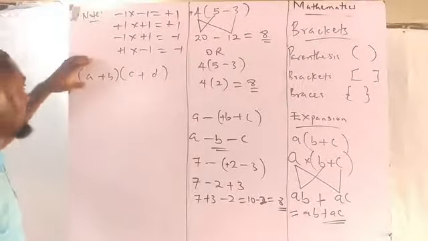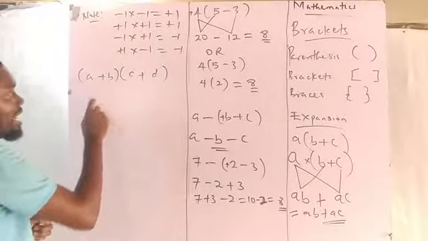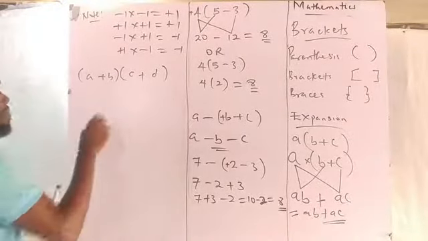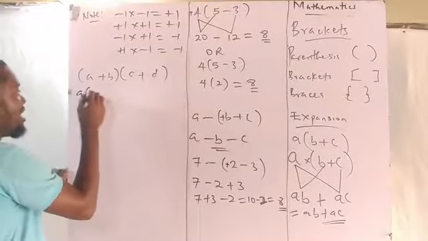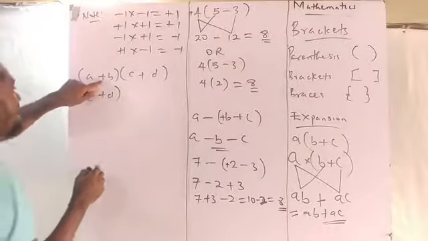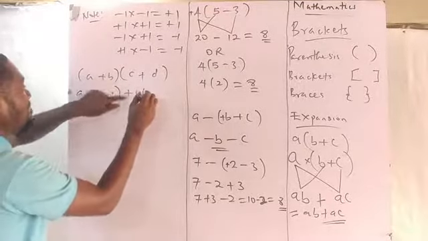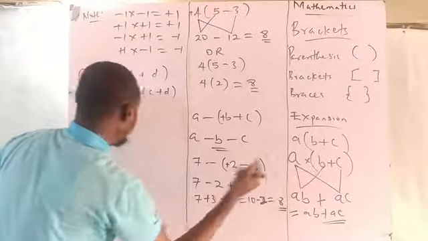So if I'm taking this to be my multiplier, it means that each number or each letter in this bracket will be used to expand the other bracket. So the first letter here is A. I'm going to use A to multiply the other bracket. And the second number is B. I'll use the plus B to multiply the same bracket. So you can now expand the way we expanded this.